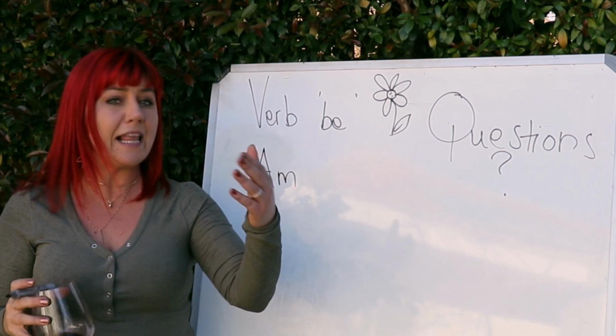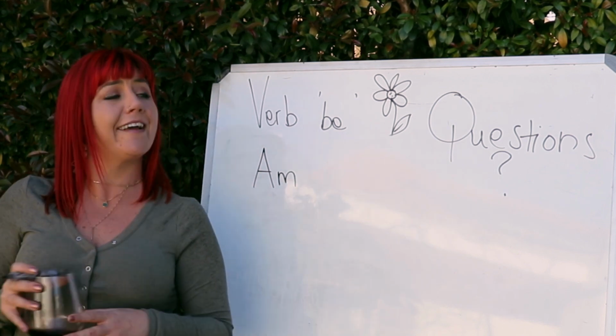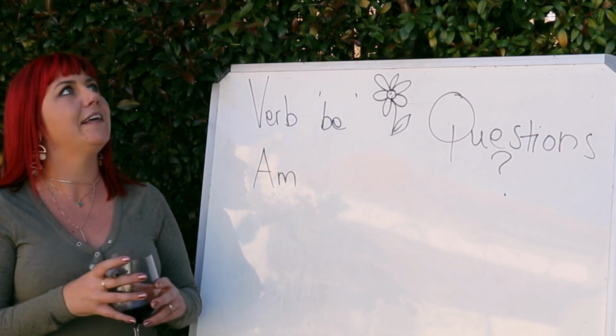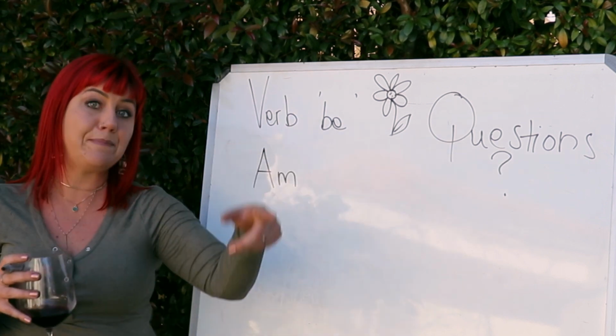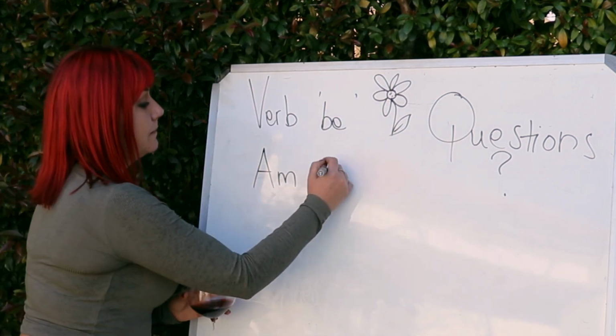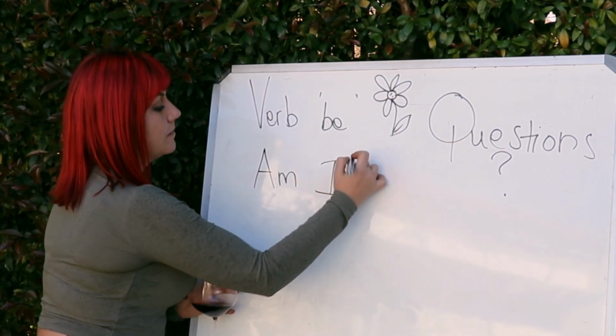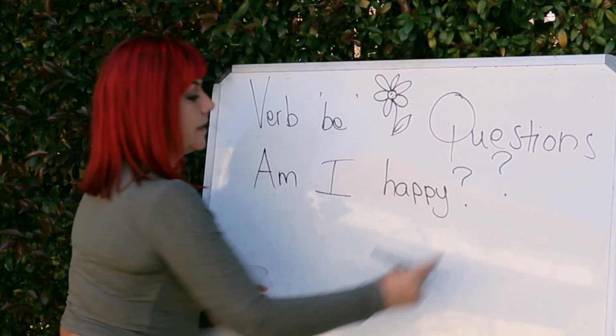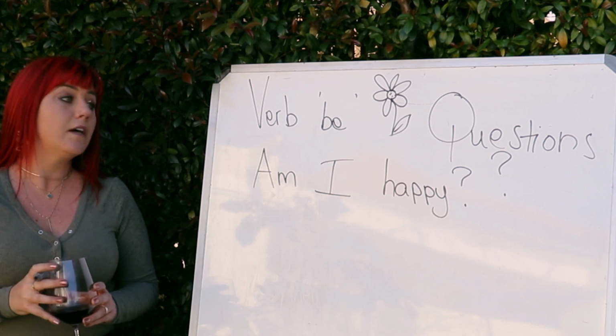This can get quite existential, I guess, but there we are. My example was, I am happy. So now you want to ask yourself if you're happy. Am I happy? That's how you ask the question.